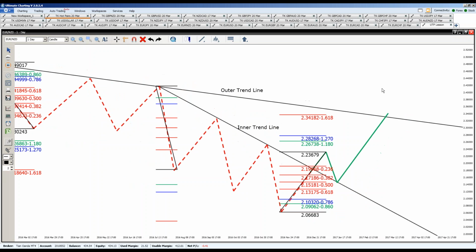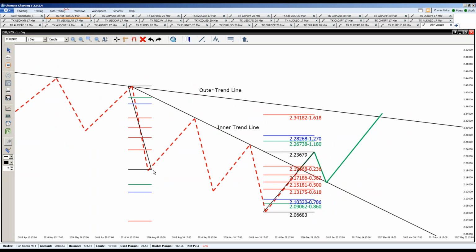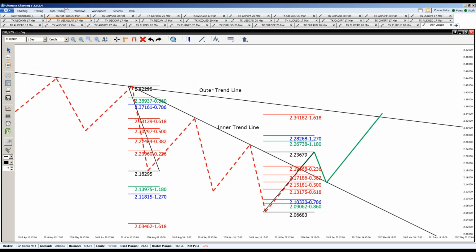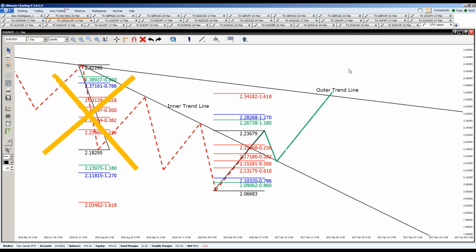As soon as the market breaks that inner trend line, then I am not focusing on the down capital AB boundary until the market hits the outer trend line. And as soon as the market hits the outer trend line, starts moving down, then the down capital AB boundary comes into focus again. Does that make sense?